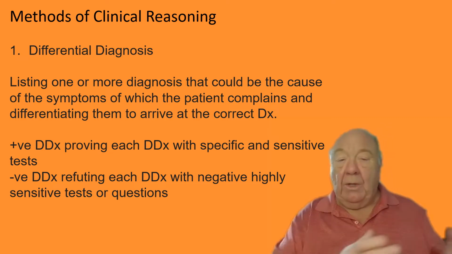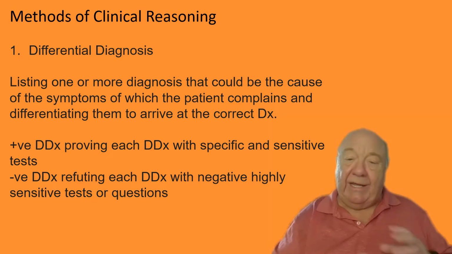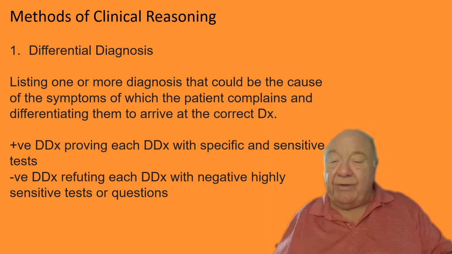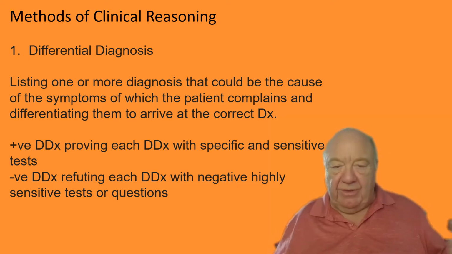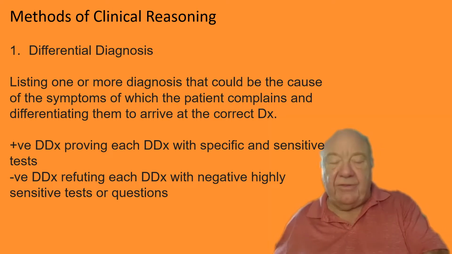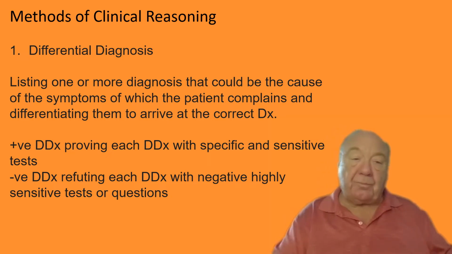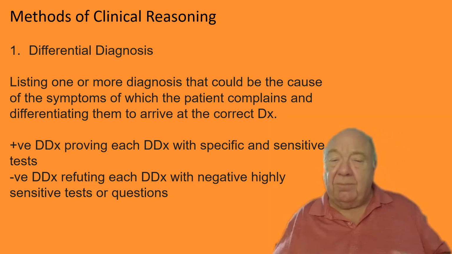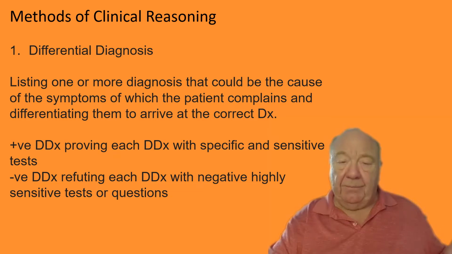For example, I can say that the lateral elbow pain isn't an elbow joint problem because quadrant testing of the elbow is negative. And there is no condition of the elbow joint where you could have negative quadrant testing. It's just too sensitive. It's pretty much 100% sensitive for elbow joint problems. So this is a much better use of it as far as I'm concerned than using positive differential diagnosis. But we'll look at that now.